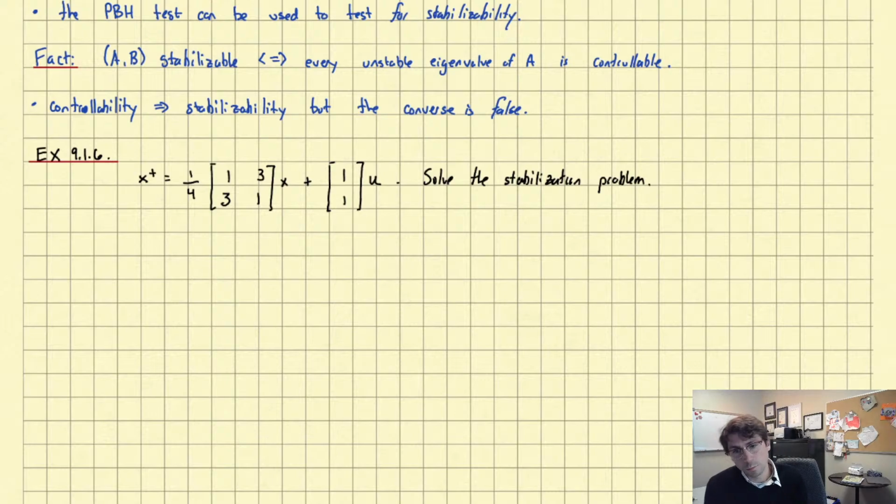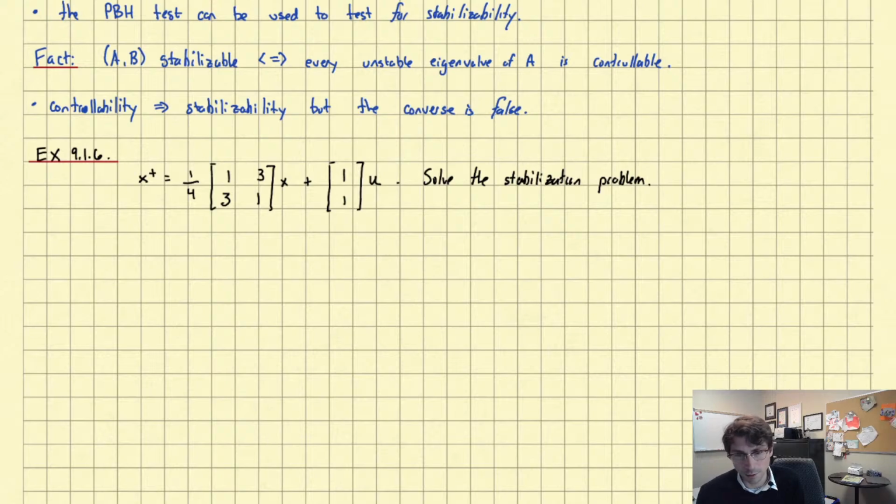Just like before, a reasonable, principled thing to do would be to first check if the problem is solvable before diving in and trying to solve it. Don't go off on a fool's errand. So as before, we could try to check controllability. Of course, in this example I'm illustrating stabilizability, so you can expect that it's not going to be controllable, but it will be stabilizable.